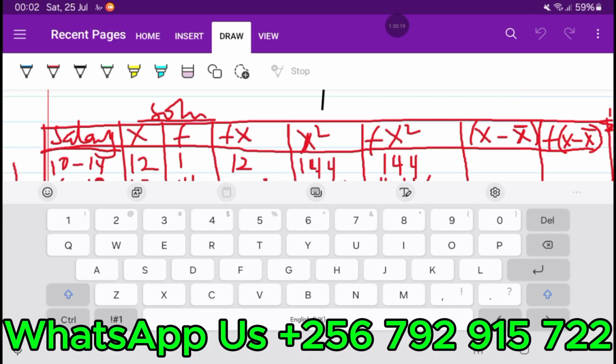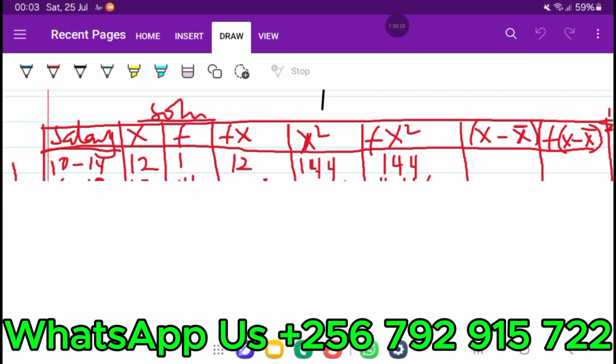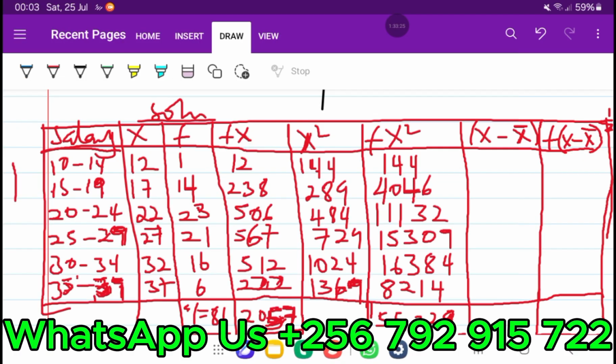You compute them separately, then these ones for population, and you verify what we've talked about, whether they will give you the same answers. You make sure you post the answers you get on the comment section. Then I will comment to tell you whether they are right or wrong.